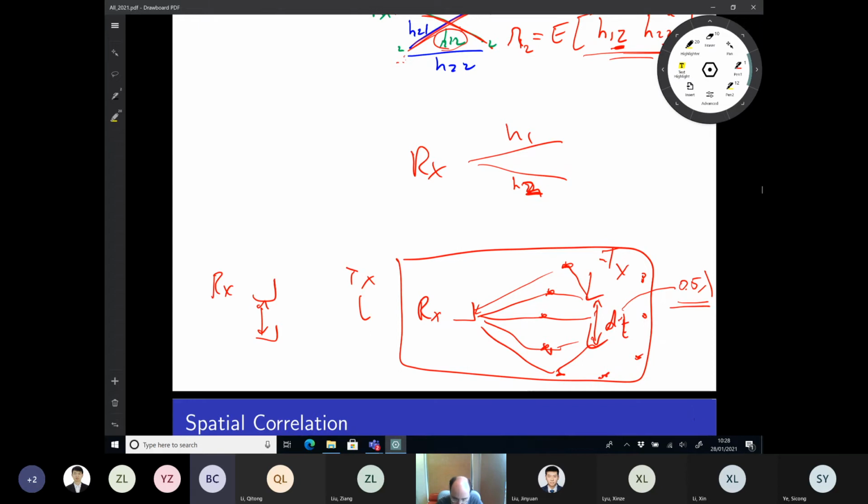So that's good. That means that if I want to do Alamouti, for instance, or maximum ratio transmission at this transmitter, and I want a diversity gain of 2, I need H1 and H2 to be independent from each other. If they're actually the same, I will not have a diversity gain of 2.